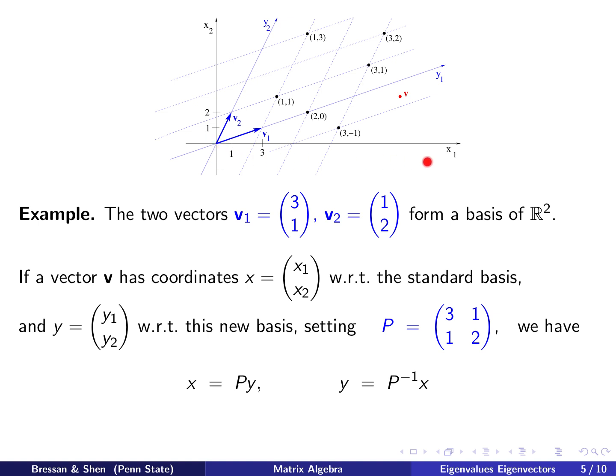This is just horizontal x1 here and vertical x2. And now let y1, y2 be the coordinates in this new basis with v1 and v2. And then let's set this P matrix to have columns v1 and v2. So I take v1, I take v2, and I form this matrix P. And then we have the following. The x equals P times y, and then y is P inverse times x.